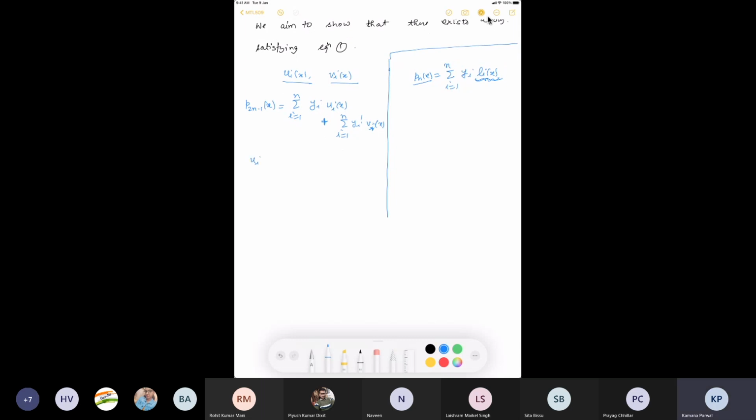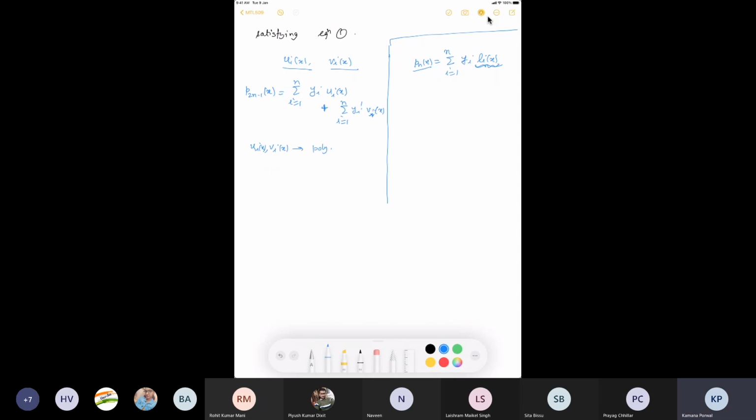First of all, they are polynomials, and if we want my P_{2n-1} at xi to be yi, and P_{2n-1} prime at xi to be yi prime, this is what we seek for P_{2n-1}(x). So what should my ui(x) satisfy for me to have this?